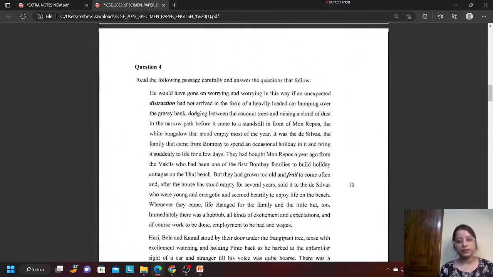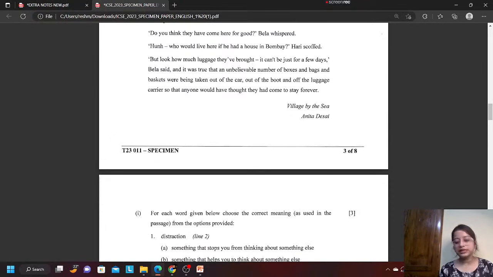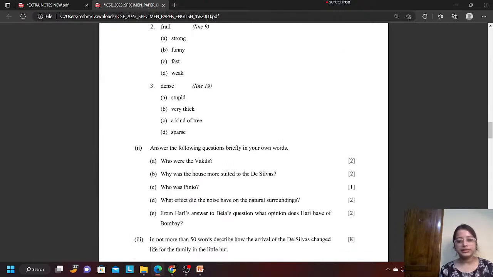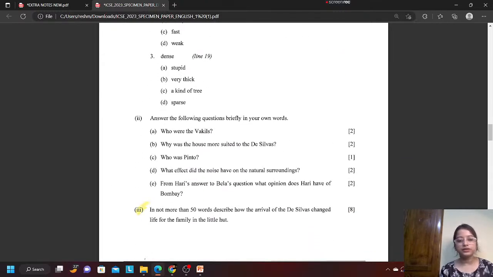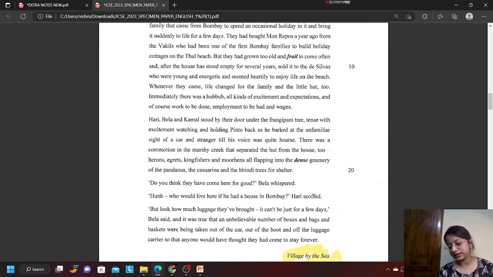Okay, you can read this whole comprehension, just a single page. Okay, read it. Village by the Sea by Anita Desai. Once you read it, it will become easier when we discuss the preci. Okay, see, you have a preci over here, the third point. We will discuss this soon. Okay, just your homework will be just read this comprehension. Okay, keep it ready.